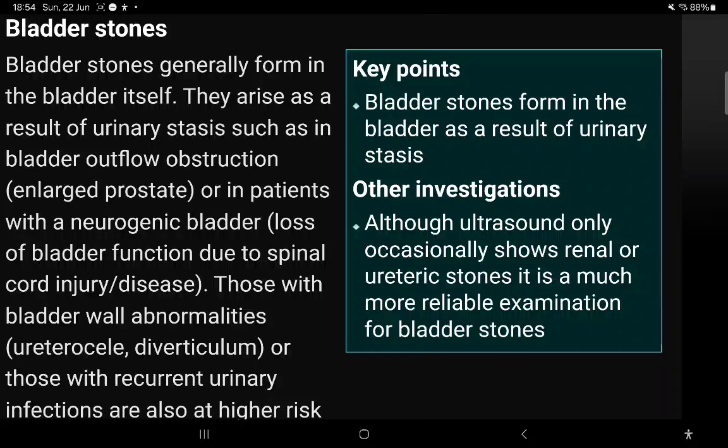Those with bladder wall abnormalities are also at risk, like ureteroceles, which are cystic dilatation of the ureter, and diverticulum, which is an outpouching of the bladder wall, which can lead to stasis within it and formation of stones. Those with recurrent urinary infections, like elderly patients, are also at higher risk to form bladder stones.